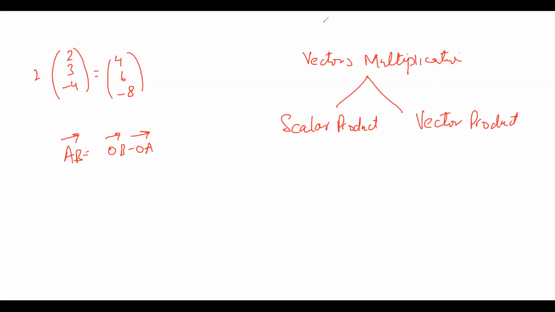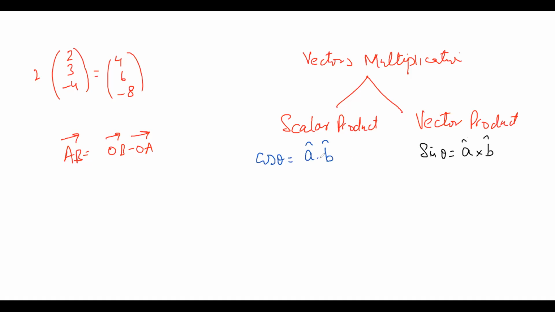Now, the scalar product is written as cos theta, that is equal to A dot B, where the cap on A and B means the unit vectors of A and B. The vector product is written as sine theta, that is equal to A cross B.